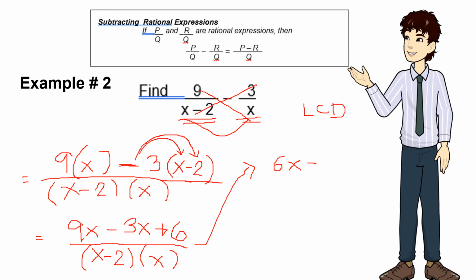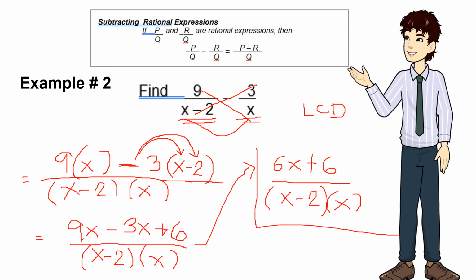So, plus 6 all over x minus 2 times x. So, hindi rin natin pwede i-cancel yung x sa numerator and x sa denominator since may operation na addition ang ating numerator. So, this would be the final answer for our example number 2.